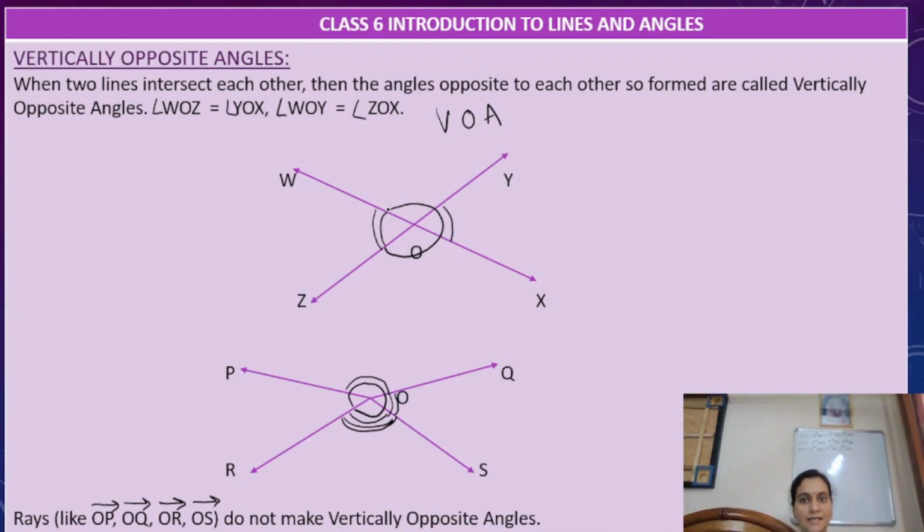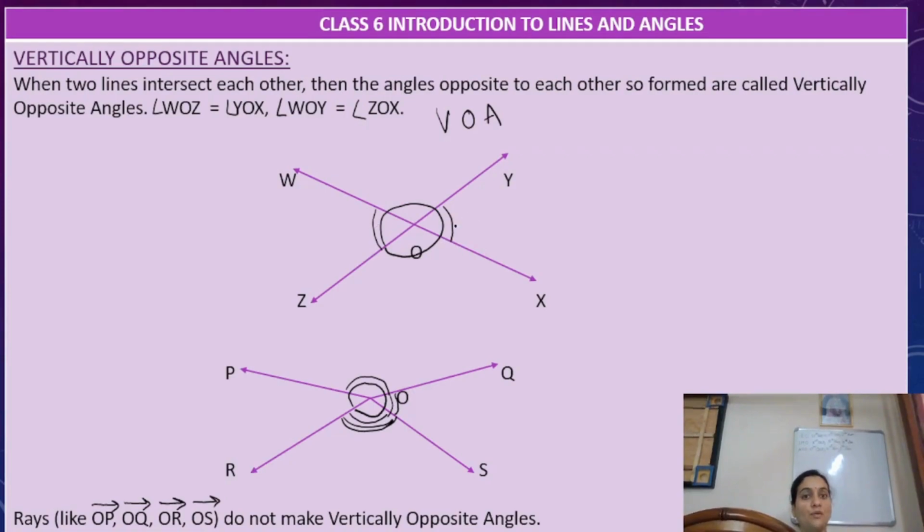See here, angle WOY and angle ZOX are vertically opposite to each other, right? Similarly, these two angles YOX and WOZ are vertically opposite to each other. How have they formed? Because line WX and line YZ intersected at this common point O.